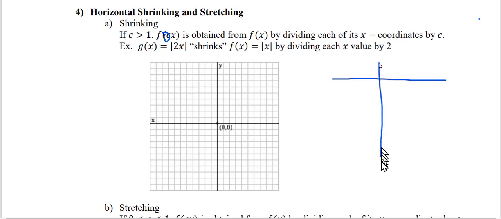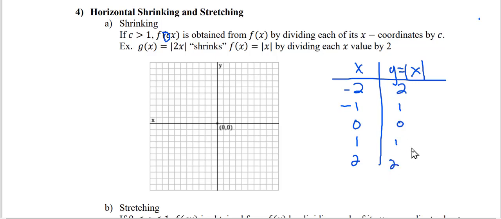This function, we have the absolute value of x. Normally, on our absolute value graph, let's just go with these 5 points: -2, -1, 0, 1, and 2 would give you 2, 1, 0, 1, and 2 on the standard absolute value.